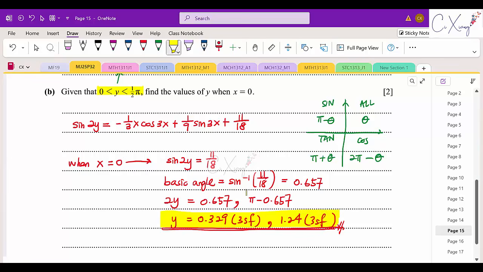Okay, and just a reminder again, all the basic angles here are not the final answer yet. Therefore, when you write it out in your calculation, you can write it short. But when you are pressing the calculator, please press it as long as possible to get the most accurate answer. Alright, so this is how we solve question number 10.